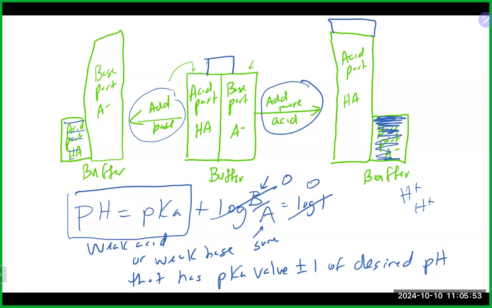So for example, acetic acid has a pKa value of about 4.74. Would be a great choice if I wanted to make a buffer at like a pH of 4.8, 5, maybe even 4.6 something, that would be a really good one to choose. If I wanted to make a buffer at like 9.1, this would be a really crappy one to choose. You're way too far away from it.